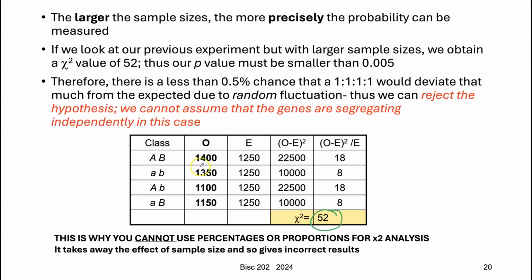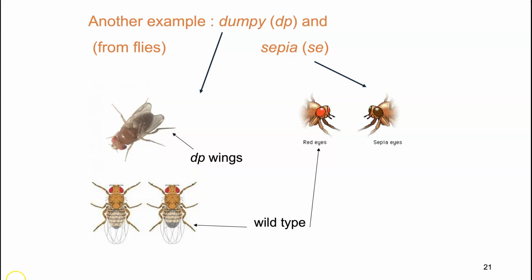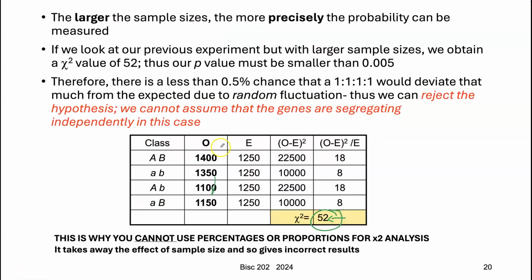If we collected more progeny and the same pattern was observed, we might conclude that we have to reject this. These are not numbers we would expect to see. They're not close enough to what we predict. There's something else happening. Maybe these genes actually are on the same chromosome. We'd have to do some more investigation, so we would reject that null hypothesis.